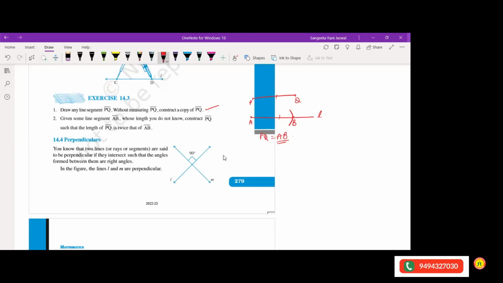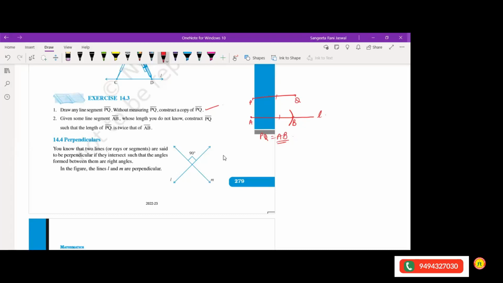Now you do the second one. Let me see what you can do. Now I will not say anything, you will do this. Question number 2: given some line segment AB whose length you do not know, just make one line AB. Construct PQ such that the length of PQ is twice that of AB.